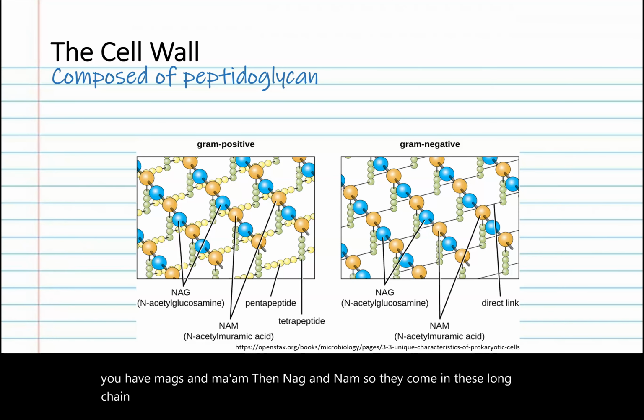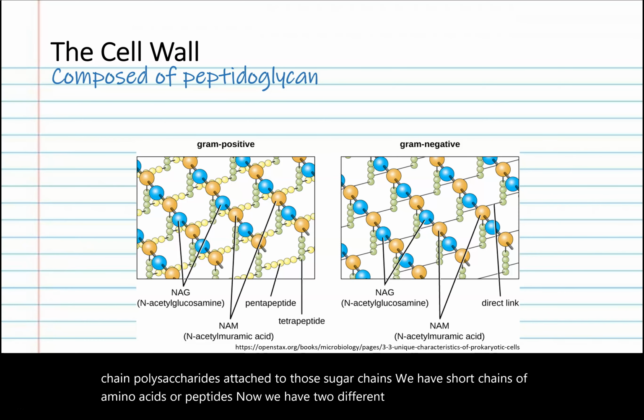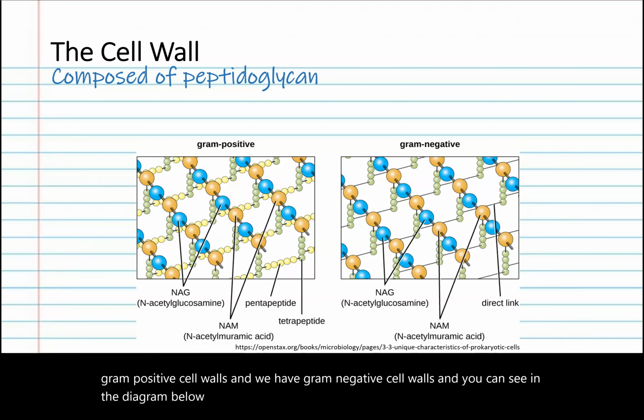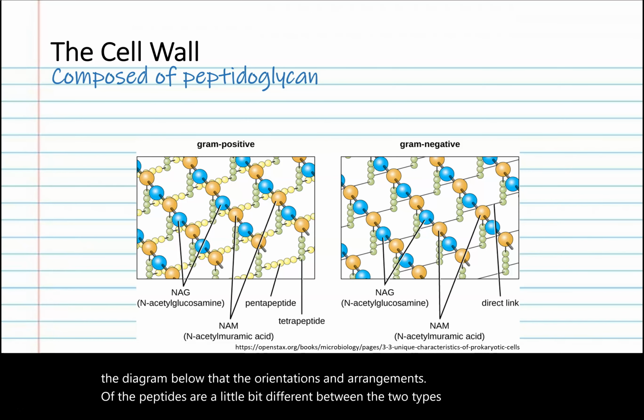Attached to those sugar chains, we have short chains of amino acids or peptides. Now, we have two different types of cell walls. We have gram-positive cell walls and we have gram-negative cell walls. And you can see in the diagram below that the orientations and arrangements of the peptides are a little bit different between the two types of cell wall.